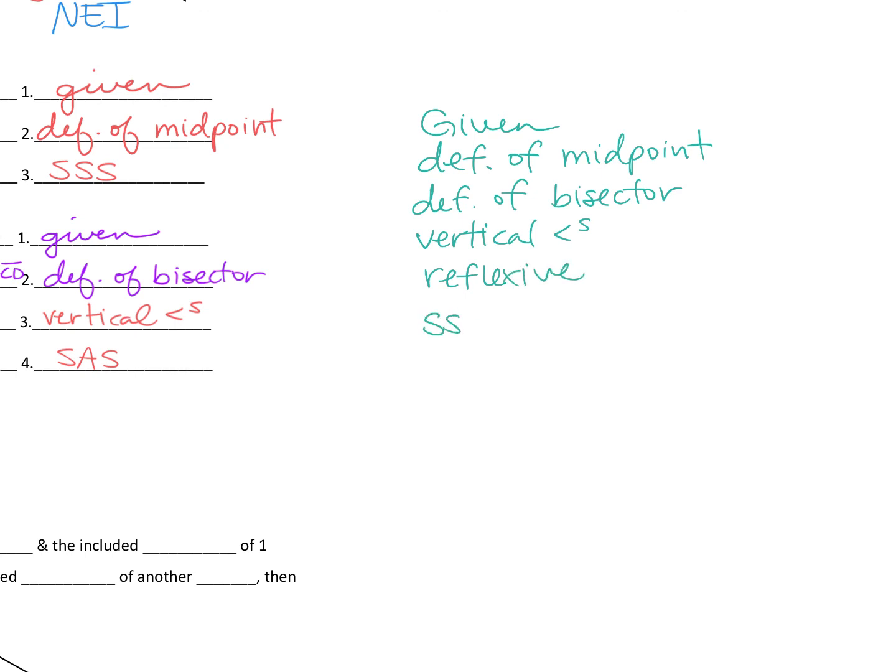And we've seen SSS and SAS, okay? These guys are going to show up a lot in proofs. So if you're uncertain, if you're like, shoot, where do I go next? See if there's a place that you can plug one of those in. There probably is. Good? Okay.